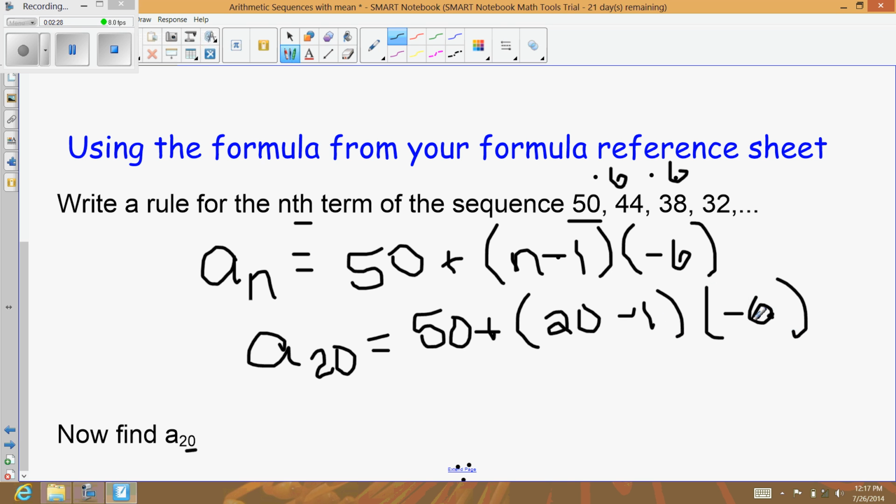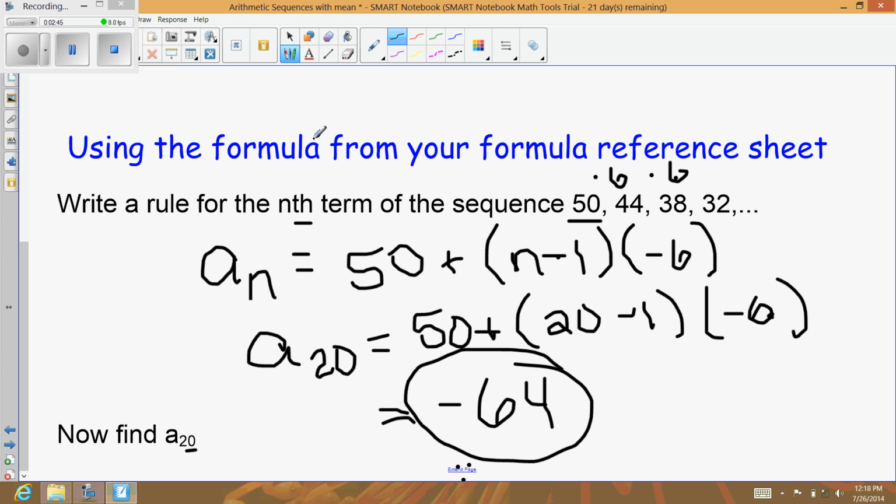And here's what you can do. You can literally just type what's on the right-hand side into your calculator and get the answer. Make sure you use parentheses. Let's do it. I hope that you got negative 64. So A_20 is equal to negative 64, and that's your answer. That's all you have to do.